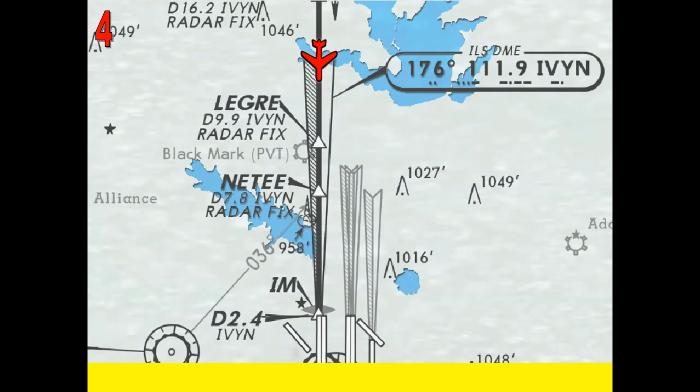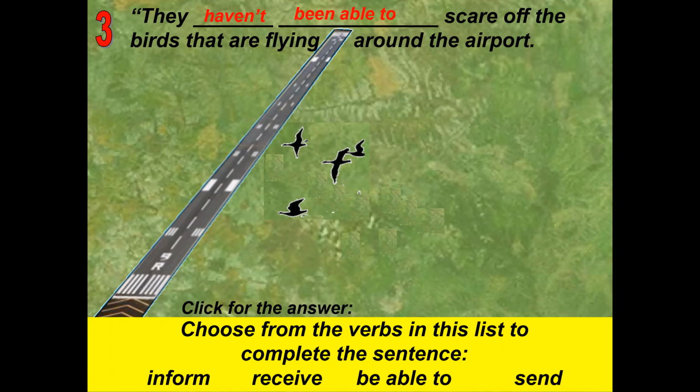That's really the crux of the lesson: what are they implying if they say they haven't been able to scare off the birds? You think that they've tried a few things and nothing's worked. But if I say they are unable to scare off the birds, that's a little more final, like they've given up. Like, we've tried everything and nothing's worked. We are unable to scare off the birds.